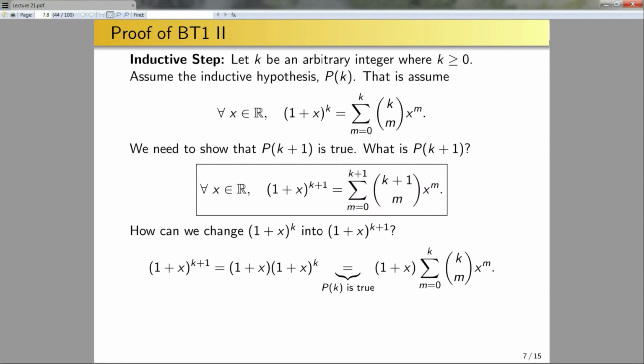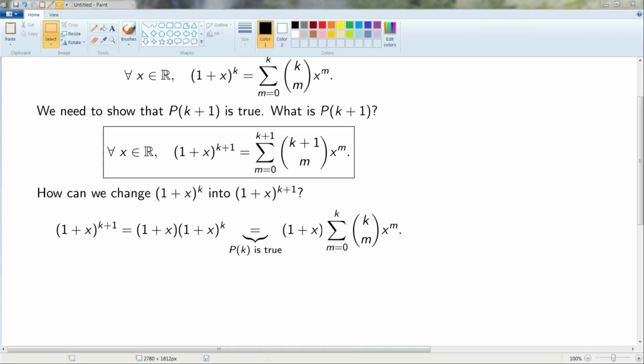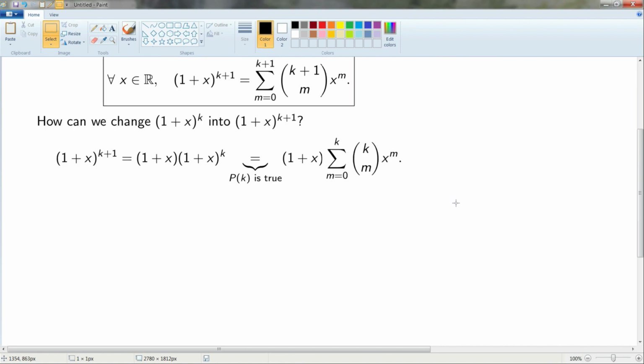So let's look at how to do it using Paint rather than using the slides. Okay, so this was the starting point that I had from the slides. Now what do I want to do? I have this finite sum times this expression here, and what I can simply do is pull this inside the sum and expand it out. So doing that, what do I get?